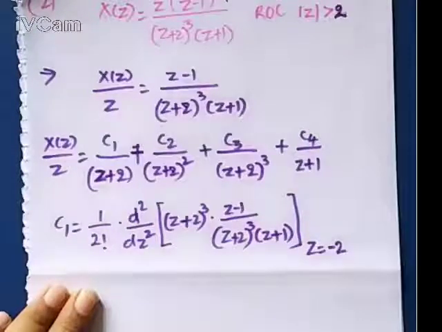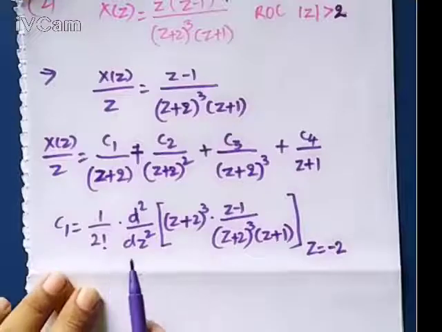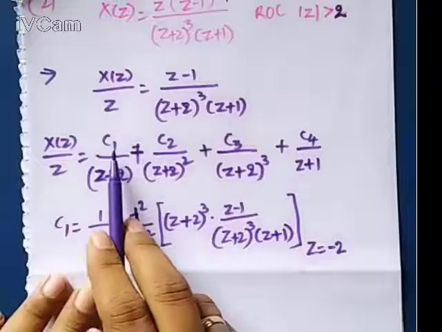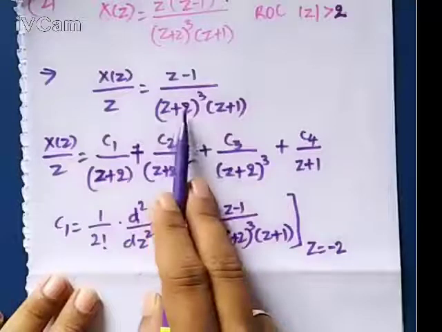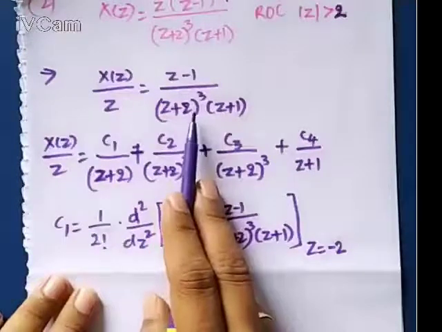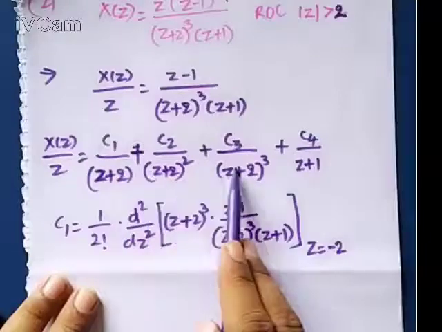So understand this one. Once again I am telling you, the first coefficient C1 is written as C1 upon (z plus 2) because this is the (z plus 2) cube. Its partial fraction you will have to represent like this only.